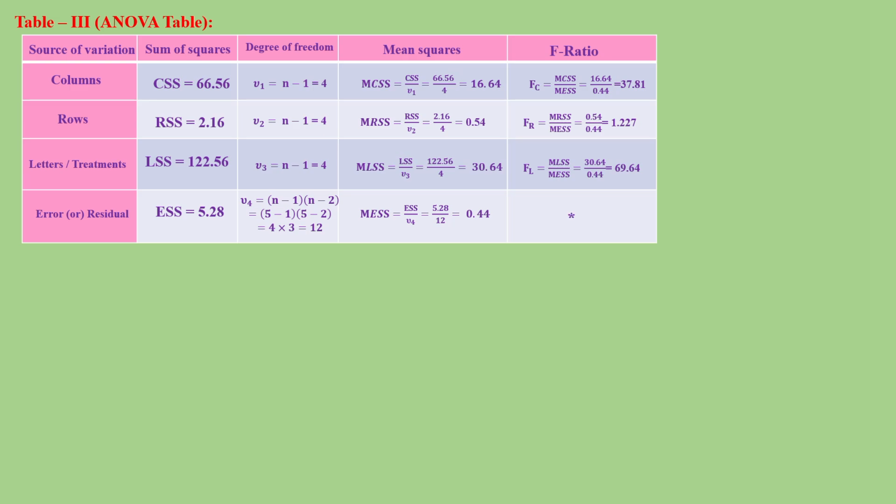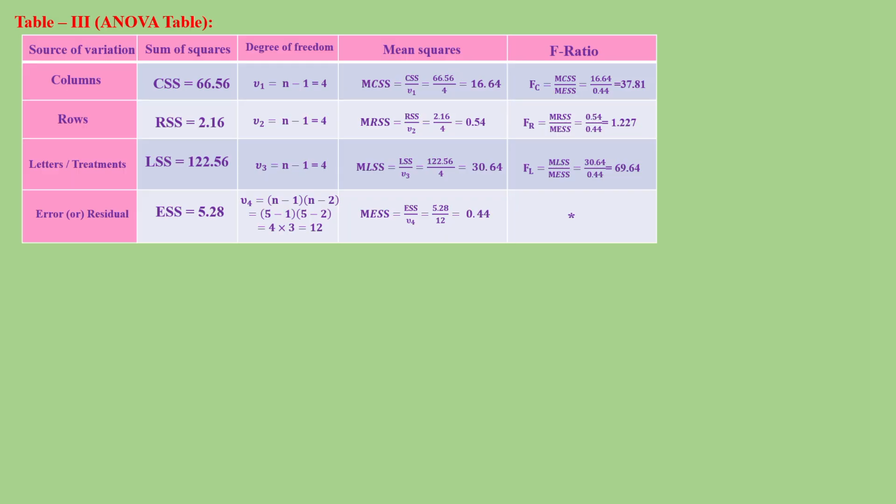So whenever you are writing the F ratio, keep it in your mind that you always have to write the greatest number in the numerator when comparing with MESS. So if you are taking the ratio for column FC, check MCSS, mean squares column, and MESS, check the values.